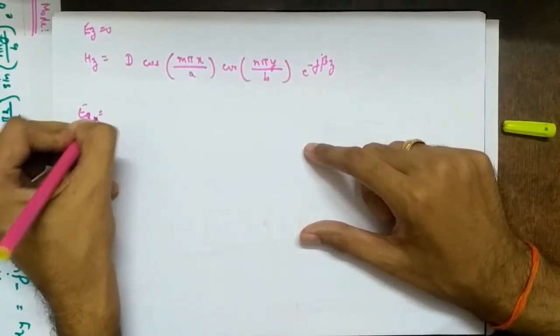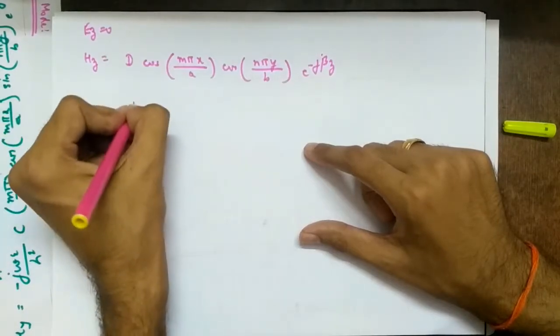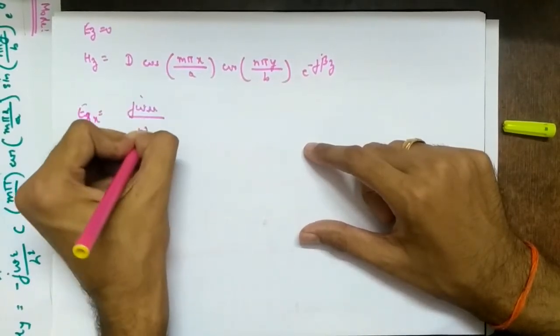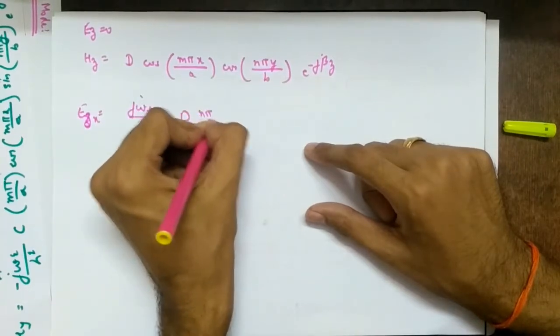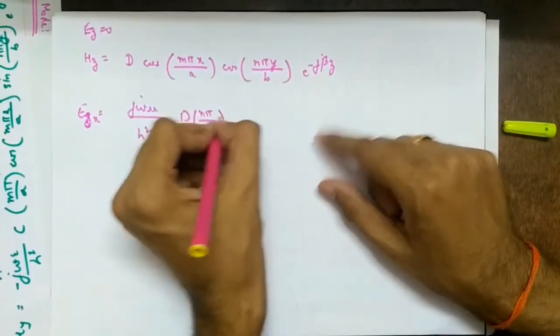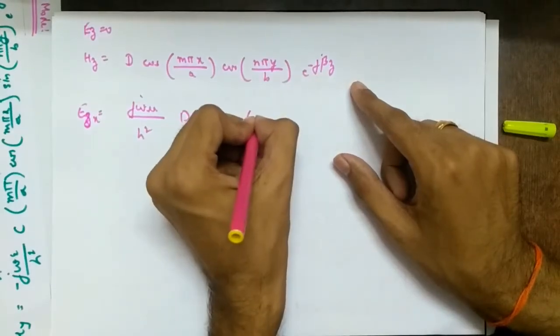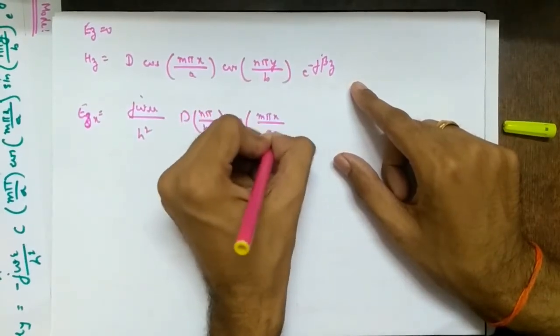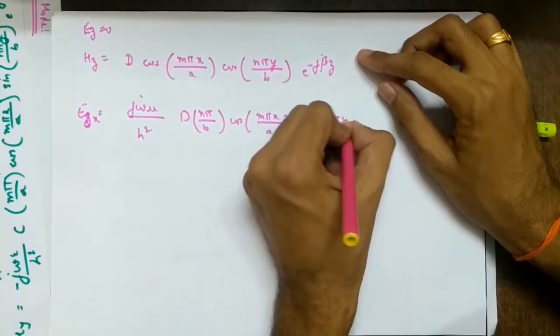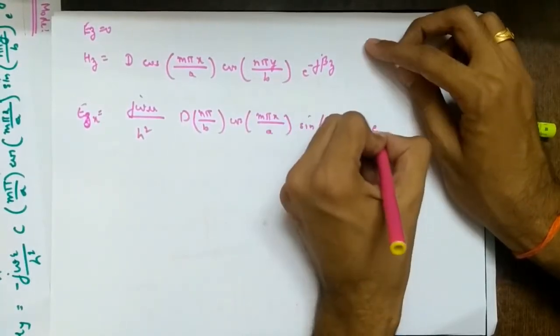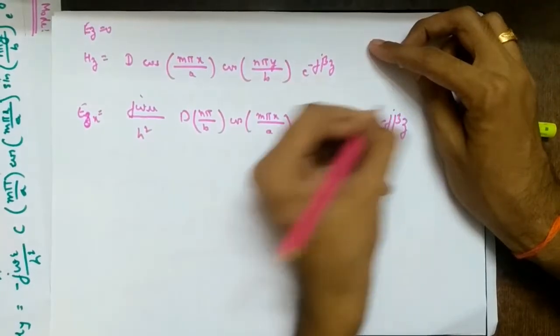Then similarly we'll use those previous equations using the general approach. So we'll get Ex, not Ez. Ex will be j omega mu by h square into D into n pi by B into cos of m pi x by A sin of n pi y by B e raised to minus j beta z.